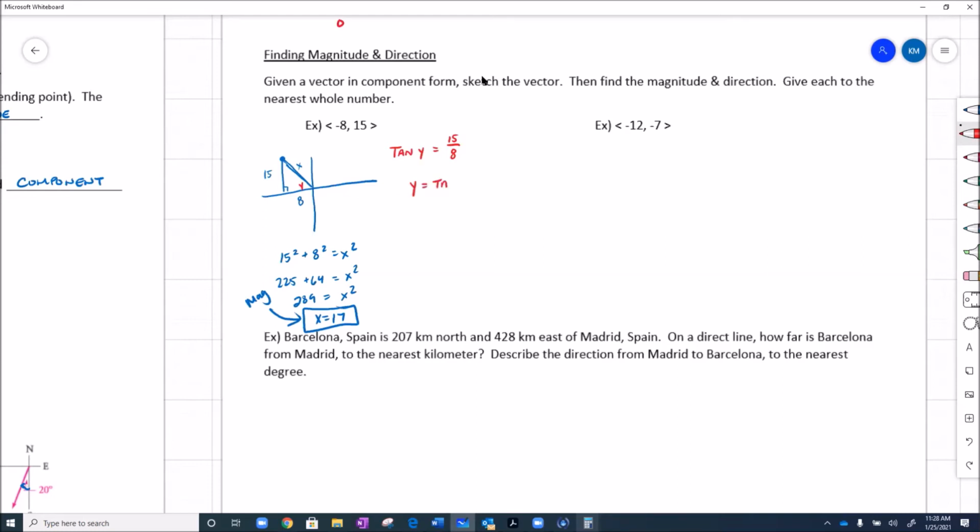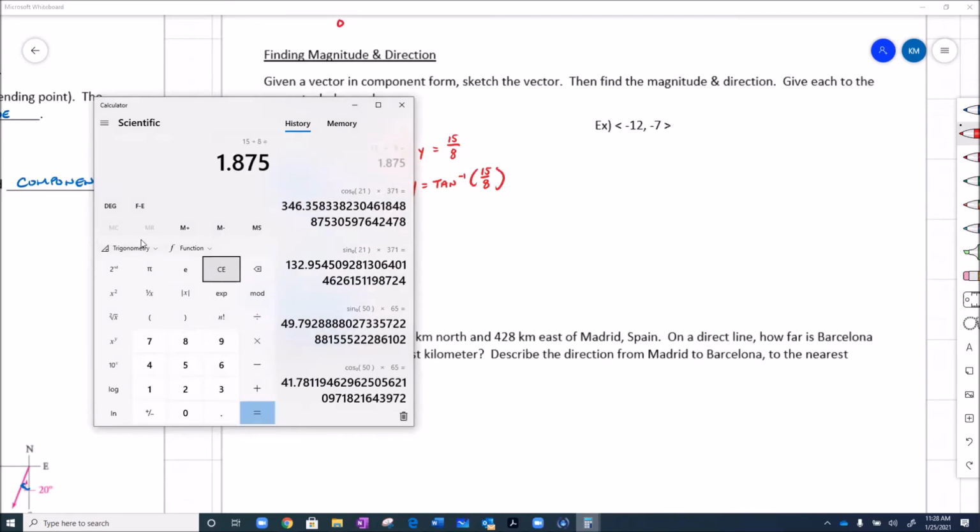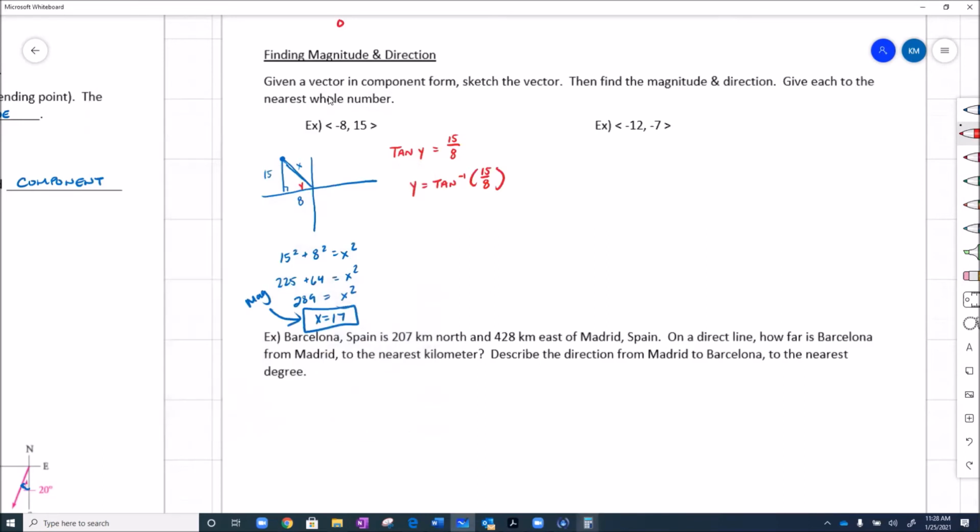Okay, so now to find y, it's going to be the inverse tangent of 15 over 8. So 15 over 8. All right, I'm going to go to my trig, go to the inverse tangent of that, and that gives me 61.92 or 61.93. The directions ask me to round to the nearest whole number. Okay, so 62 degrees. All right, so in here, 62 degrees.